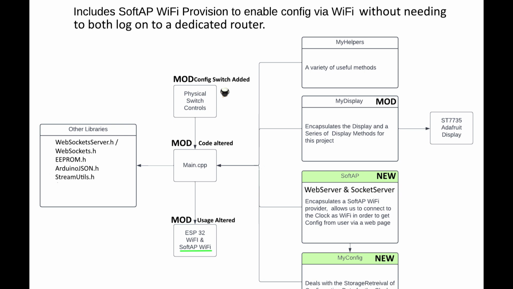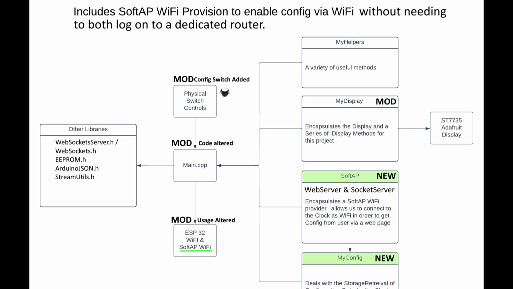So we did get a view of this in the very beginning when the video started, but I just want to very briefly run through it again before we actually start looking at the code. We've added a new class for soft AP which encapsulates all of that functionality, and we've also got a new class which deals with all the config, the storage and retrieval of data from the EEPROM. So that's permanent storage, which means it will survive a power off.